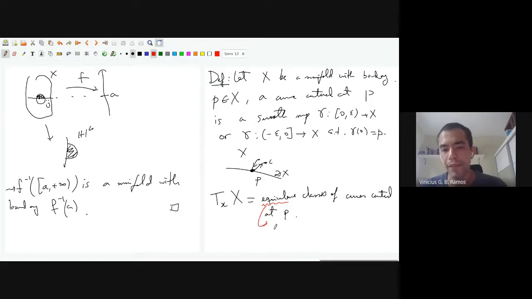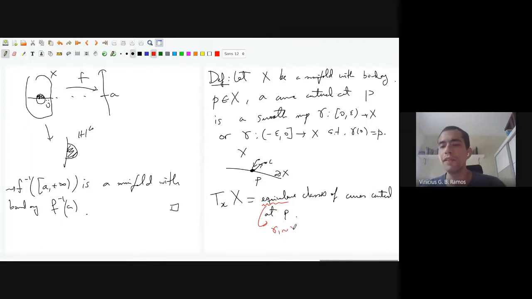is given by phi composed with gamma prime of 0. Oh, I guess I can say it like this.